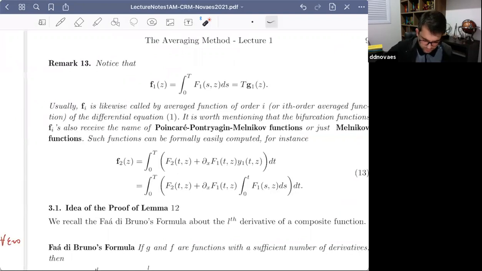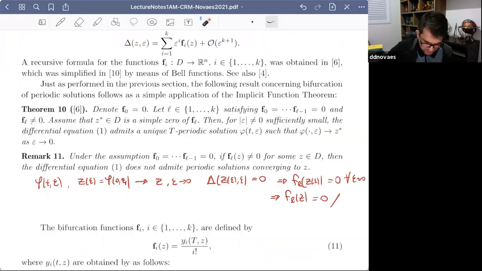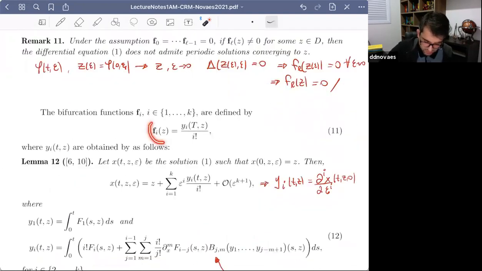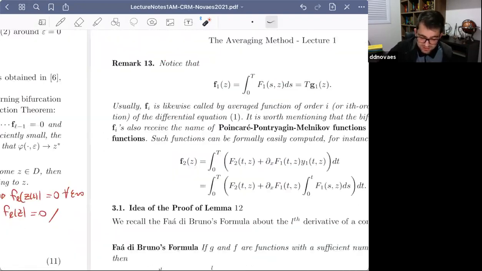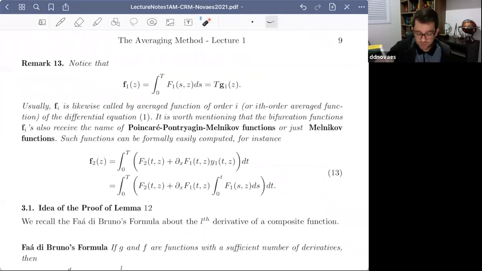Okay. So when we compute the first order bifurcation function f1, we see that this is equal to the integral between 0 and capital T, the period, of f1 at z. It's just to apply this formula. And this is actually T multiplied by the first order stroboscopic average function.